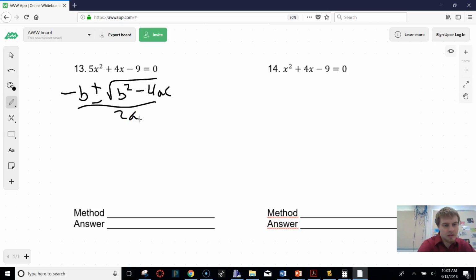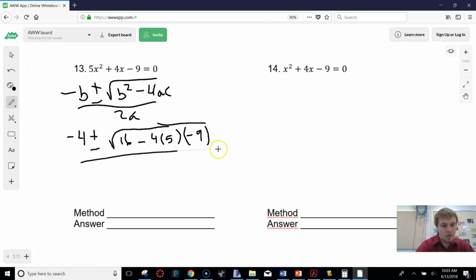So when you plug that in, you're going to get negative 4 plus or minus the square root of 16 minus 4 times 5 times negative 9, over 2a, which is going to give me 10.